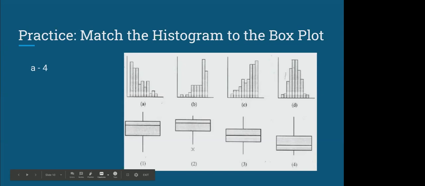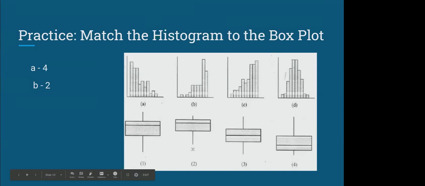So looking at B, I said we only have choices 1, 2, or 3. It is 2. And the clear giveaway was this X right here. The outliers, depending on the author of whatever you are reading, are either marked with an X or, like in our example before, sometimes marked with a small circle. So B is 2.